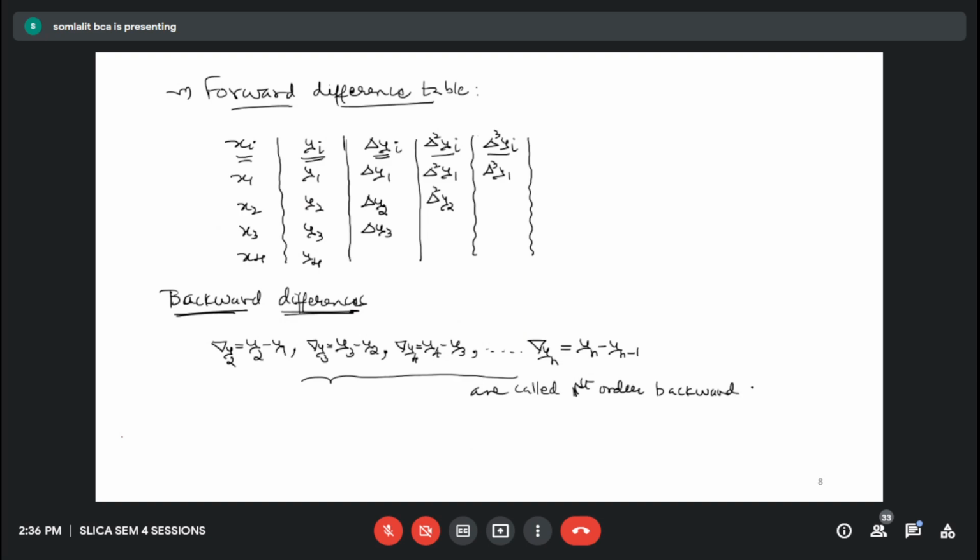Now if I express it in the form of a table, you will see the difference between this one and the previous one. So let me prepare the table here. I'll write here backward difference table. Again, like the previous case, we'll consider 4 points: x1, x2, x3, x4.